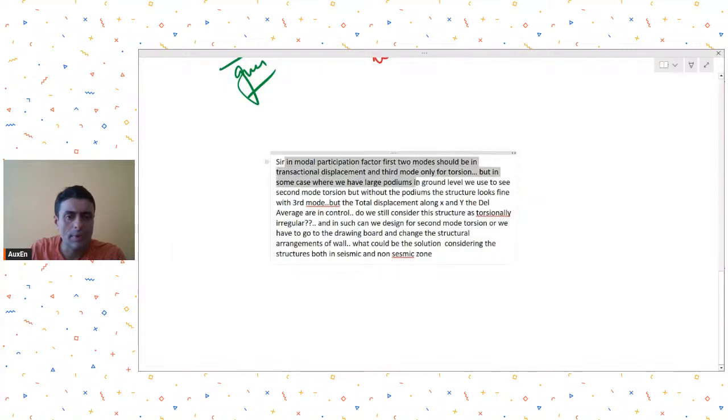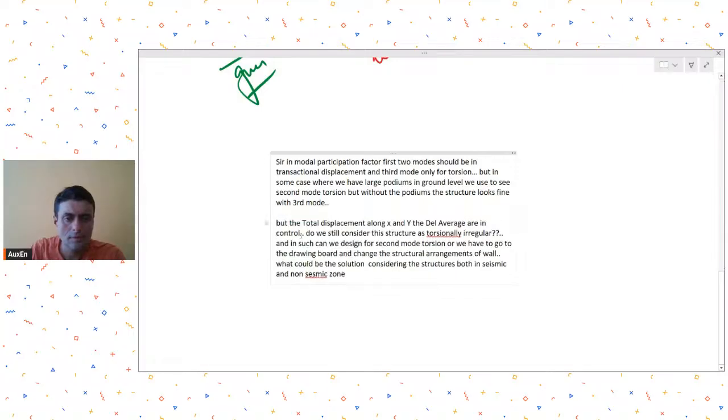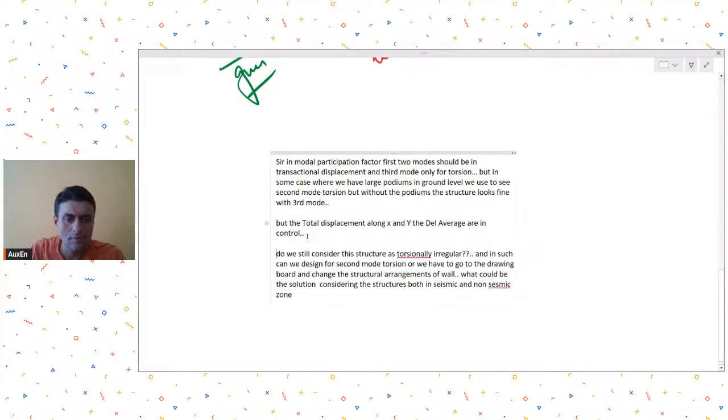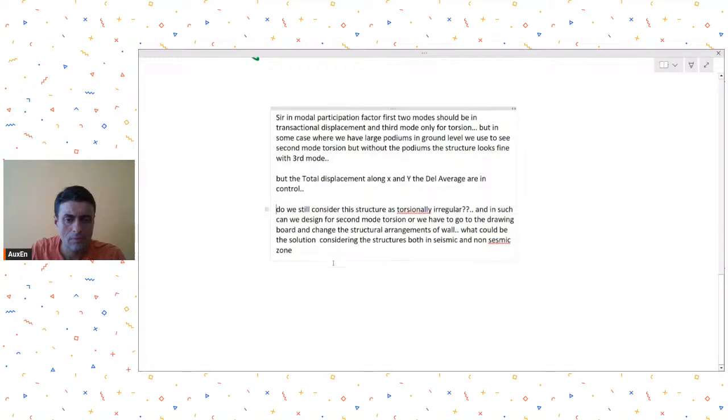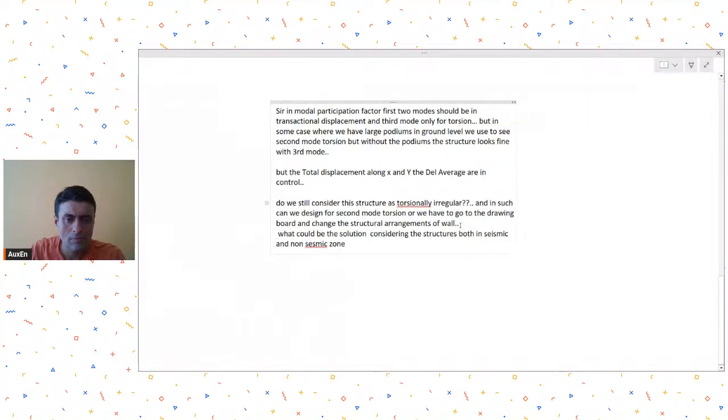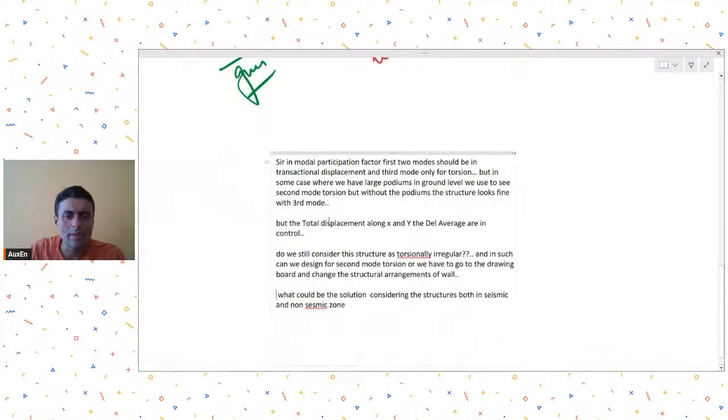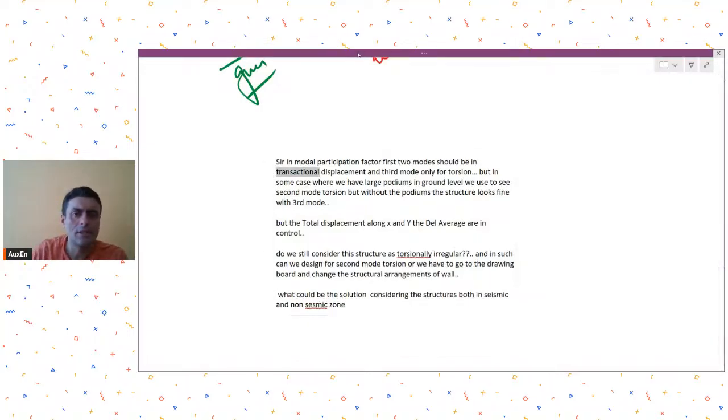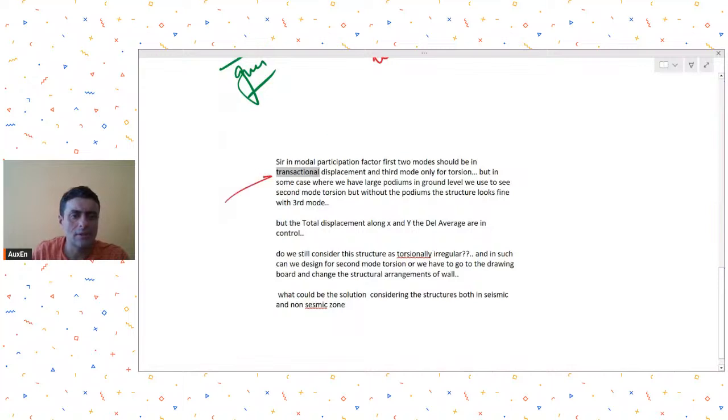He is saying in modal participation factors, first two modes, translational, not transactional, translational.